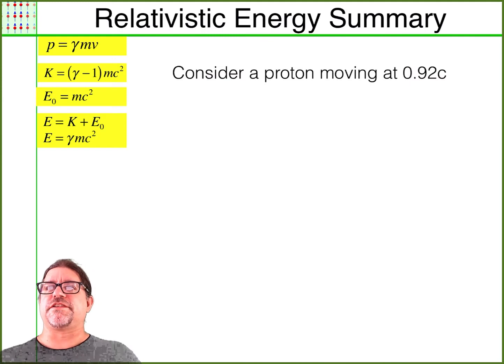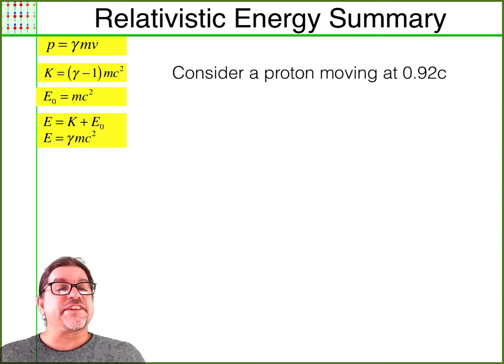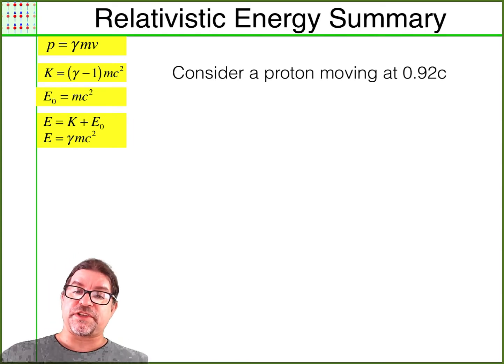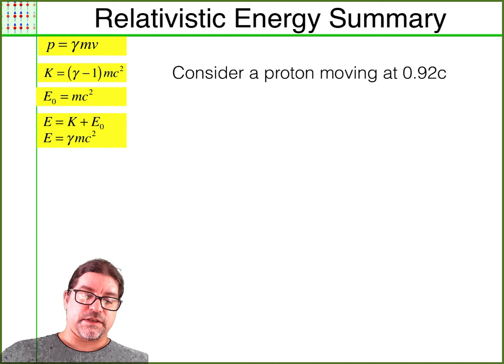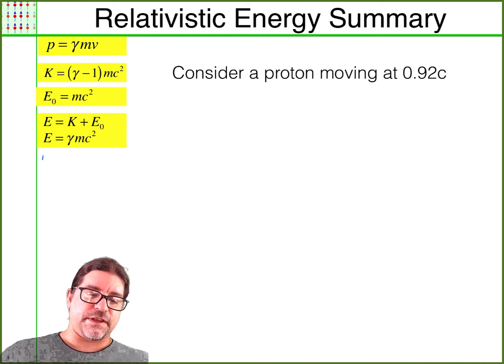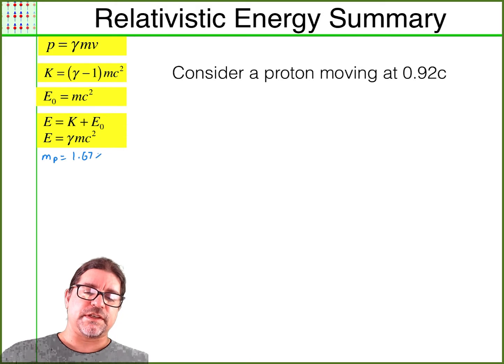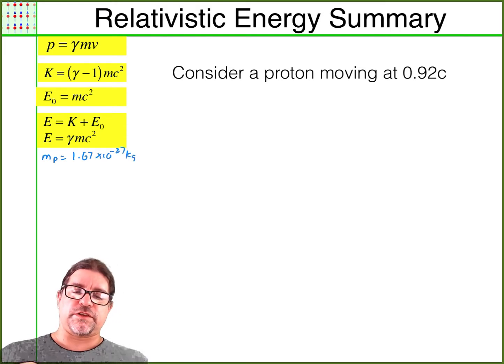So let's do a simple example here. Let's have a proton moving at 92% the speed of light, and let's calculate some properties for this proton. Quick side note: the mass of a proton is about 1.67 times 10 to the minus 27 kilograms. Let's start by calculating gamma.